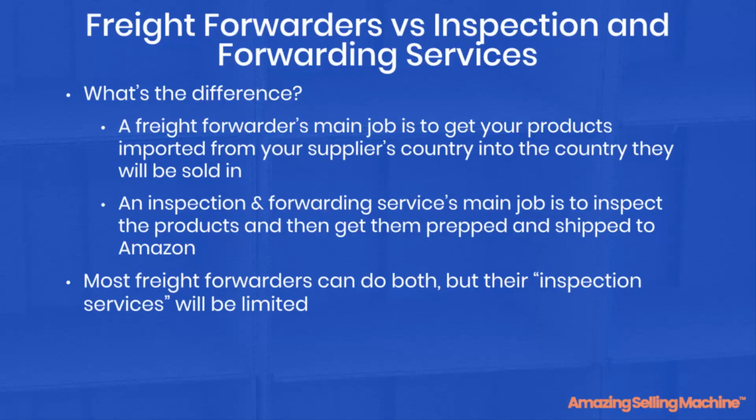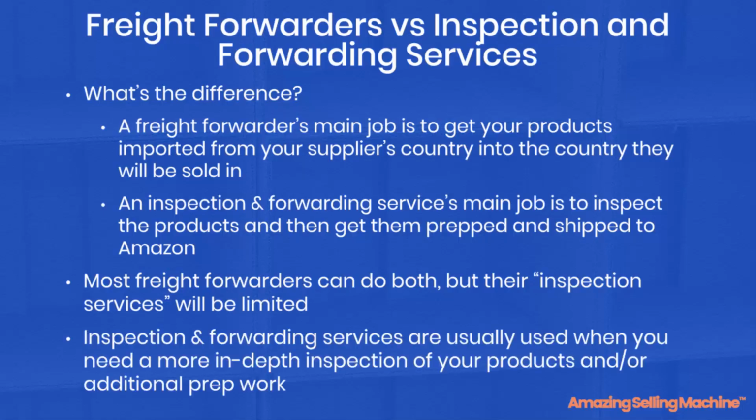However, if you just want a cursory look at your products to make sure there's no visible damage, you can talk with your freight forwarder, and many times they'll do this just as a part of their normal service. However, if you need a more detailed inspection, that's when you'd want to hire an inspection and forwarding service. They can not only do inspections, but they can also do additional prep work such as labeling, polybagging, or anything else that you might need before your products are sent off to Amazon.